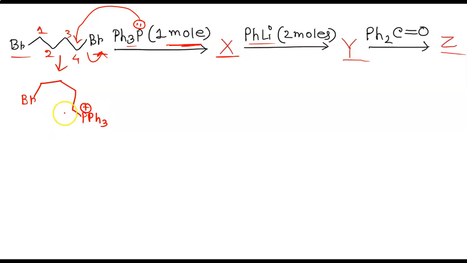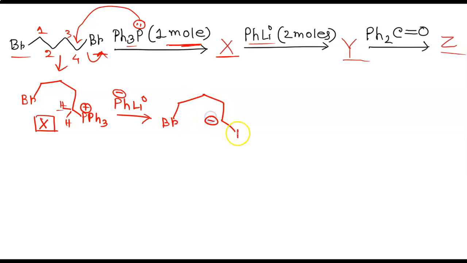Okay, now next, this is X. Next we are using PhLi. Now these 2 hydrogens are acidic in nature, so when we use PhLi, it will capture one of these hydrogens, and there will be generation of a carbanion. Now this carbanion can attack here because there is a good leaving group, bromine.